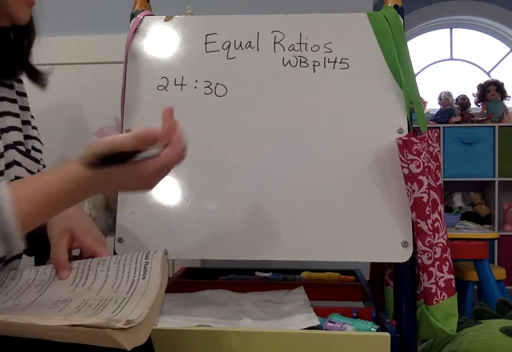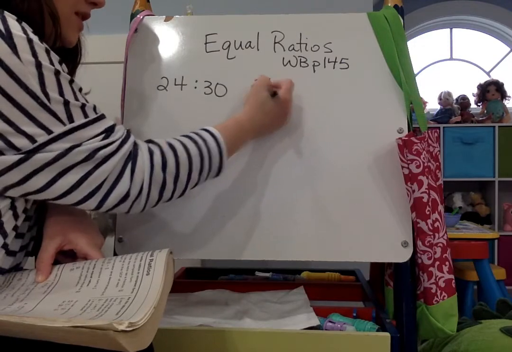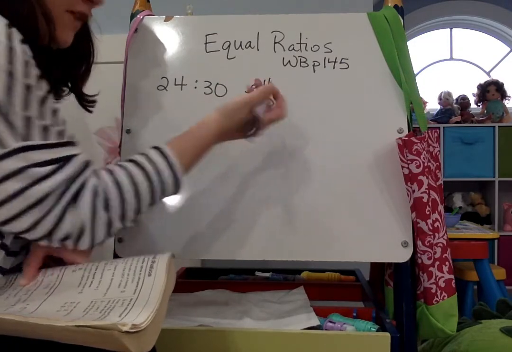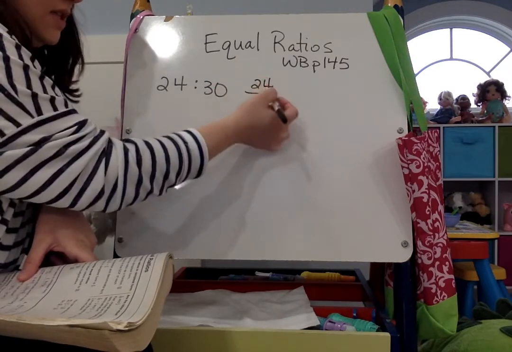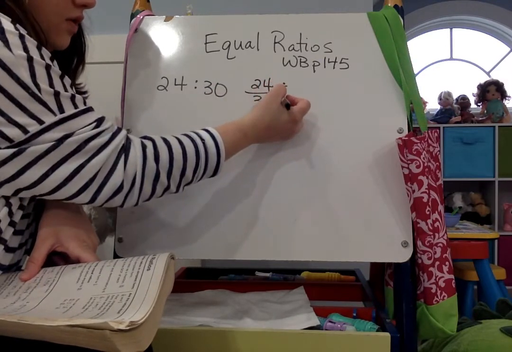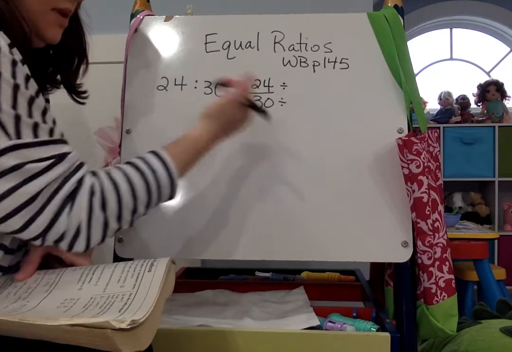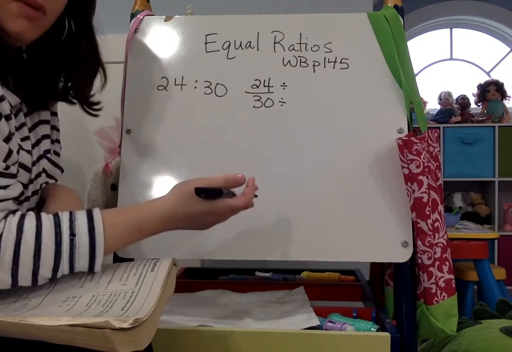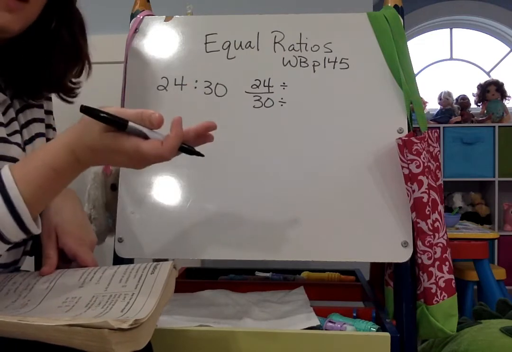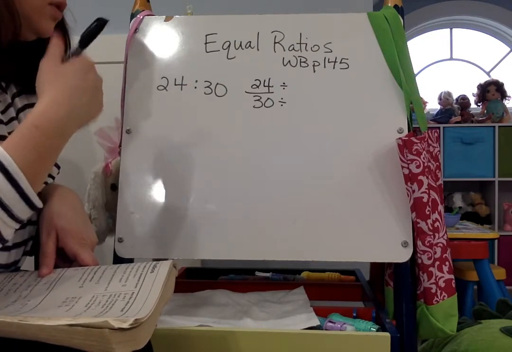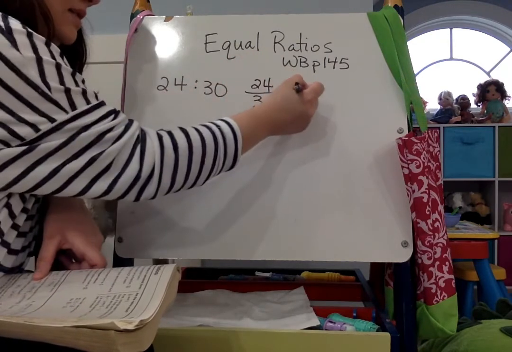So you just need to think. You need to imagine that this ratio looks just like a fraction that you've been simplifying for weeks now, okay? So this looks more obvious to you. You know that you're going to divide both of these numbers to simplify them. And what's the common factor that you can divide 24 and 30 by? There are several of them, but the largest one would be 6, okay?